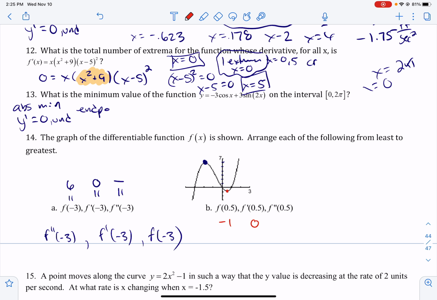So I don't know what that value is, but I do know it's positive, which gives me enough information to order these. So my smallest this time is f of 0.5. Then I get f prime of 0.5, and then I get f double prime of 0.5. Again, even though I don't know the value, I know it's positive, so it's definitely bigger than f prime and f, because those are 0 and negative 1.